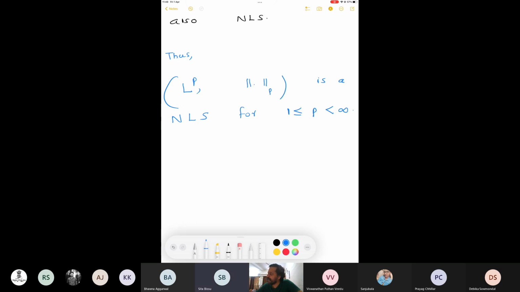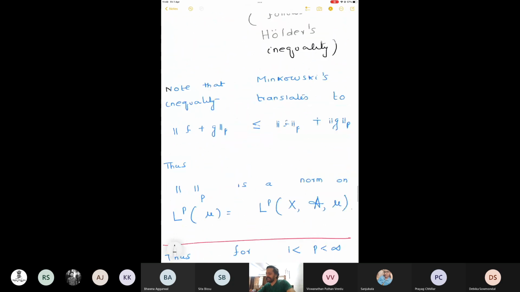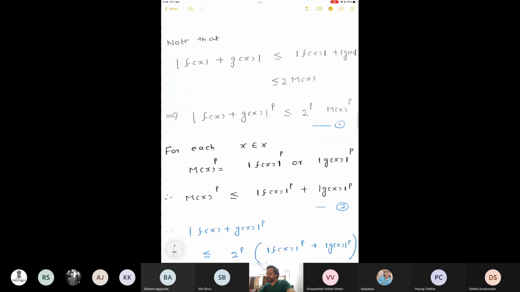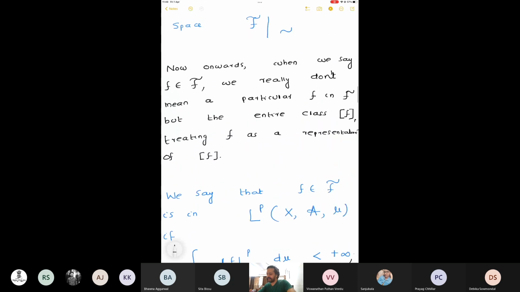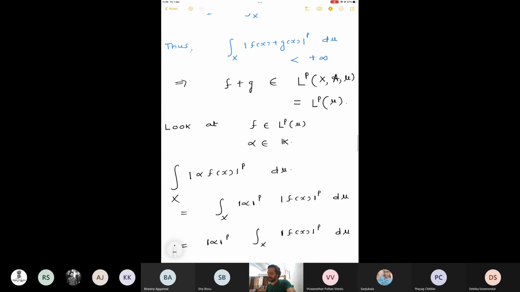Now I will adjoin one thing and stop, namely, let us see what happens if p is equal to infinity. Obviously, when p is equal to infinity, even the definition of Lp that we had needs attention. I'm not talking about the definition of norm, but the definition of Lp.